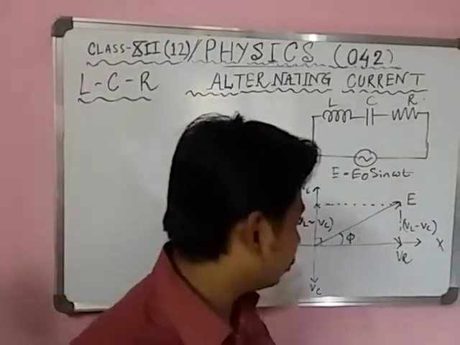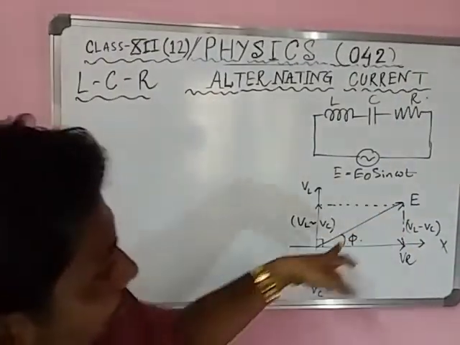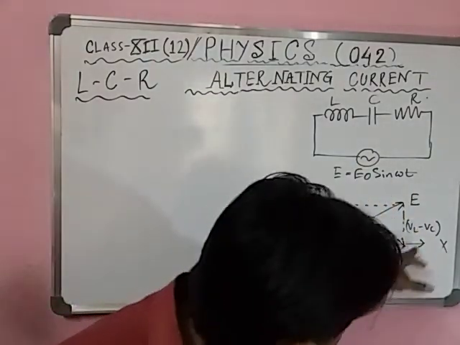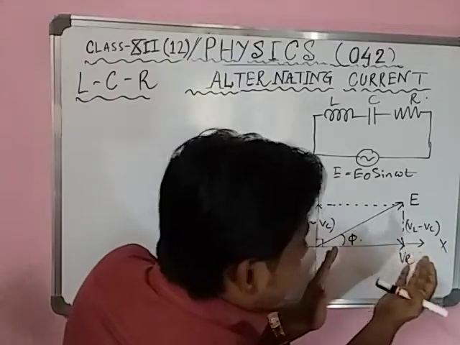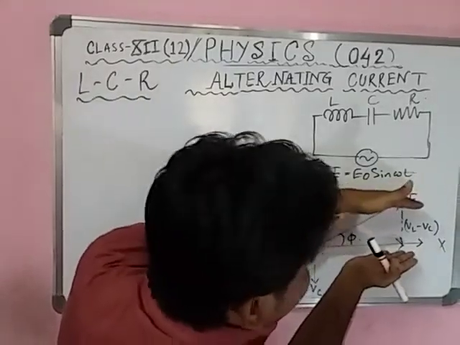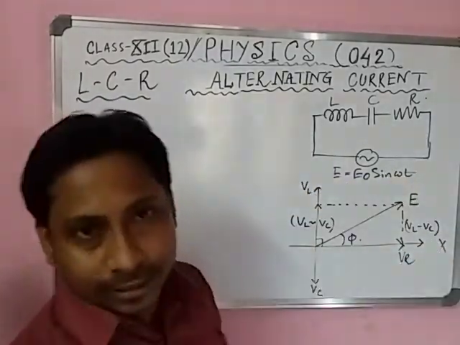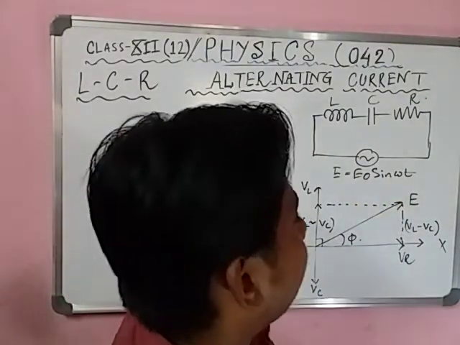I think you understood. So here we have got a right angle triangle whose base is VR, and perpendicular is VL minus VC.